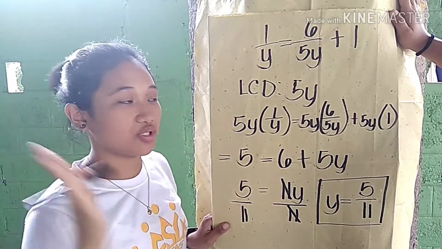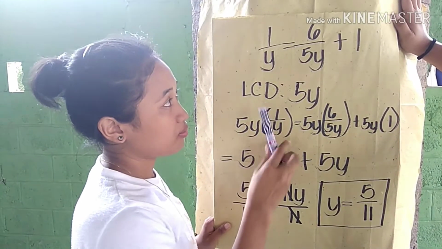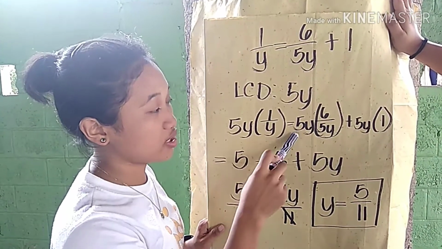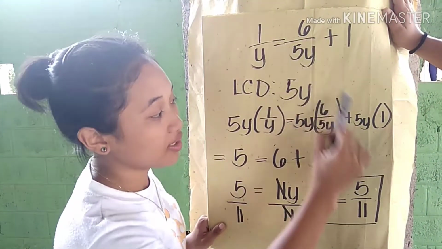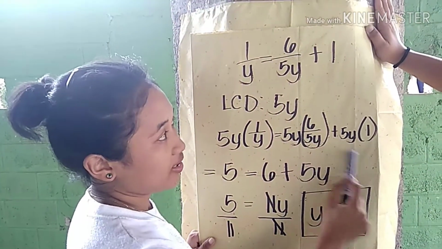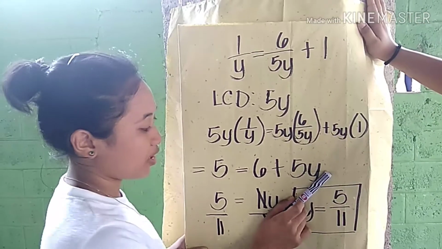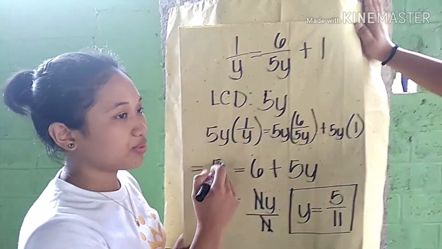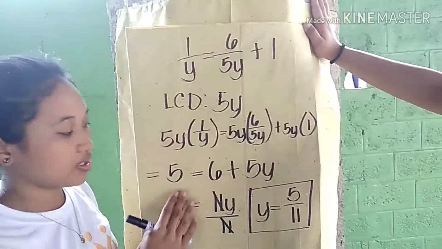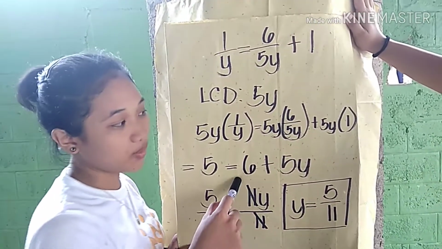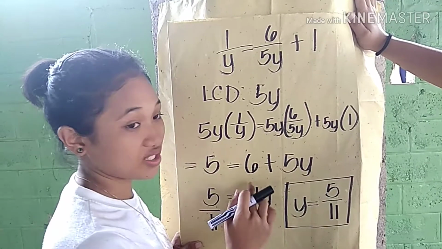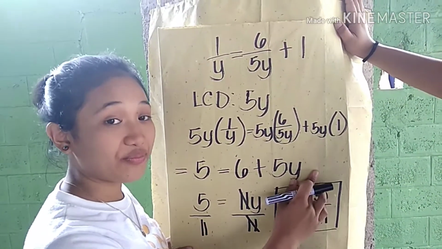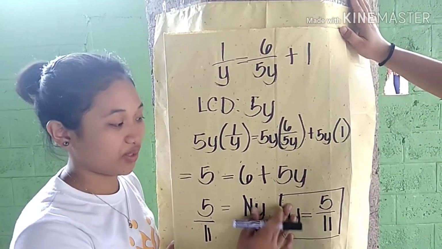Now, let's substitute. 5y multiplied by 1 over y equals 5y multiplied by 6 over 5y plus 5y multiplied by 1. Now, 5y multiplied by 1 divided by y equals 5, and 5y multiplied by 6 divided by 5y equals 6, plus 5y multiplied by 1 equals 5y.